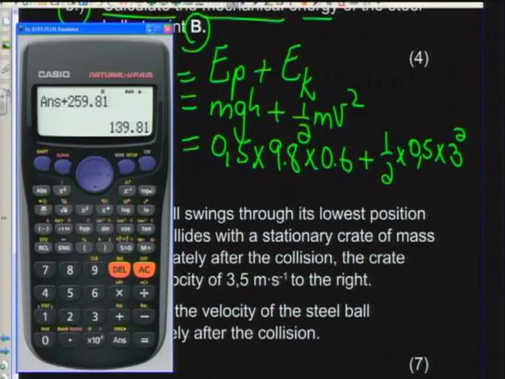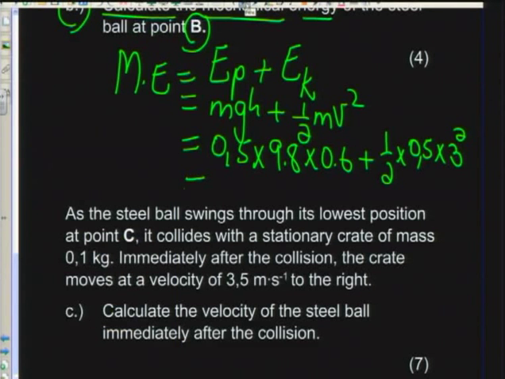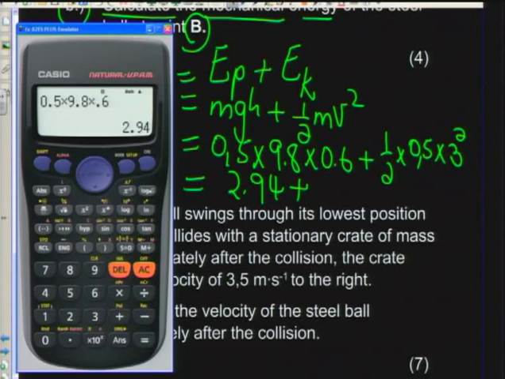And then we can work it out, making use of a calculator, right? So 0.5 times 9.8 times 0.6 gives you 2.94. Plus the other part would work out to 0.5 times 0.5 times 9, since 3 squared is 9.